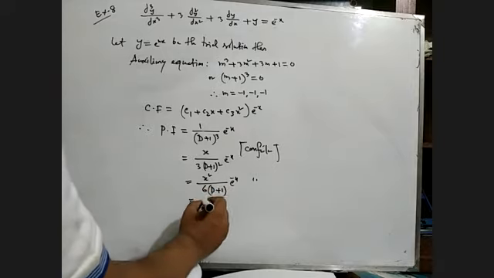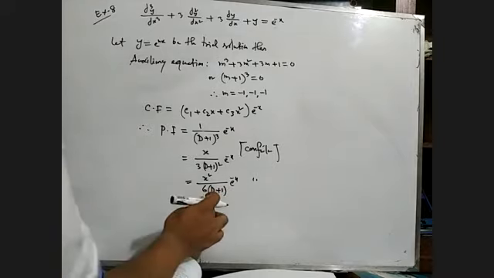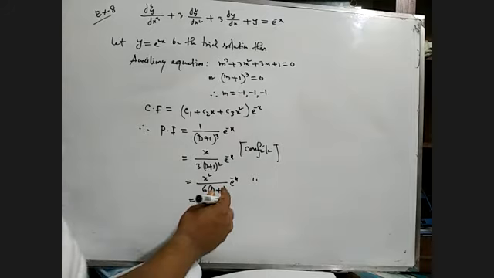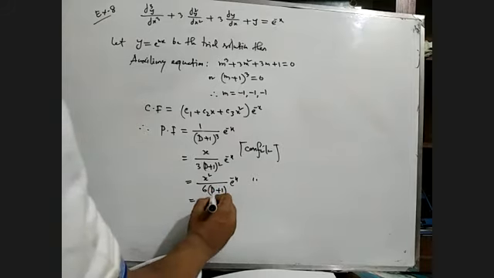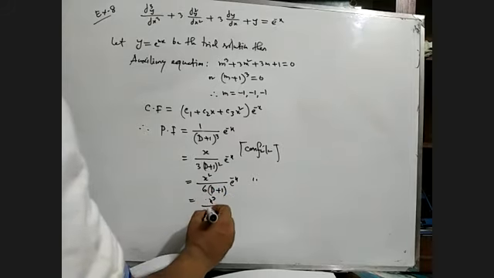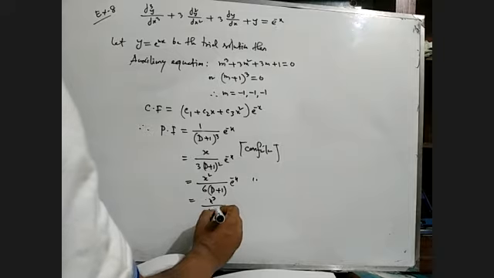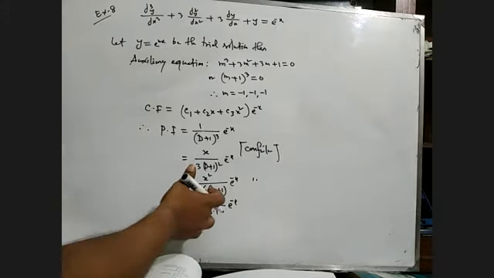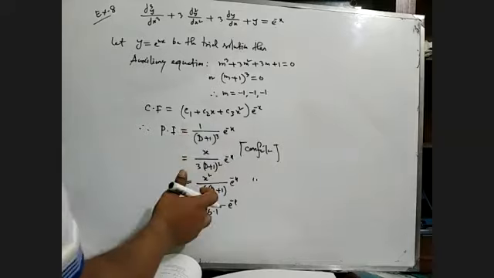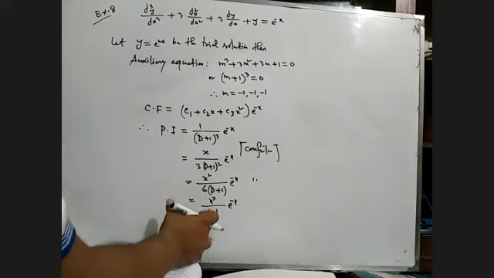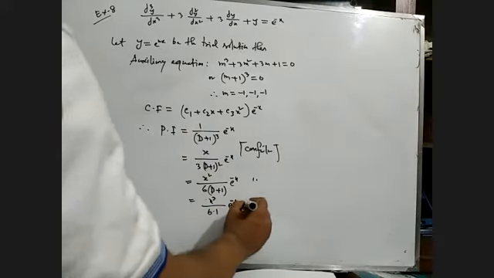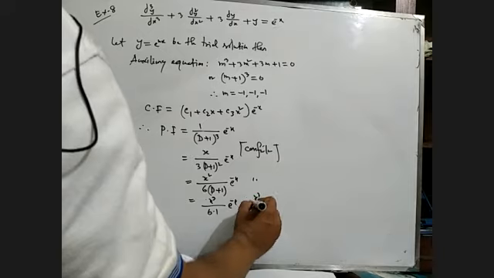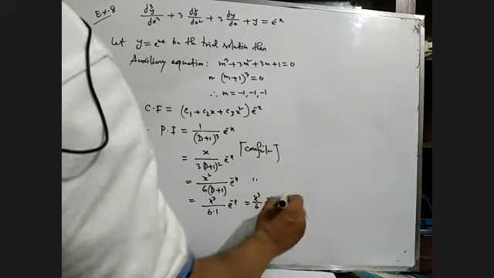So we again differentiate the denominator and multiply x with the numerator. Differentiating with respect to capital D, we get x cube by 6 e to the power minus x.